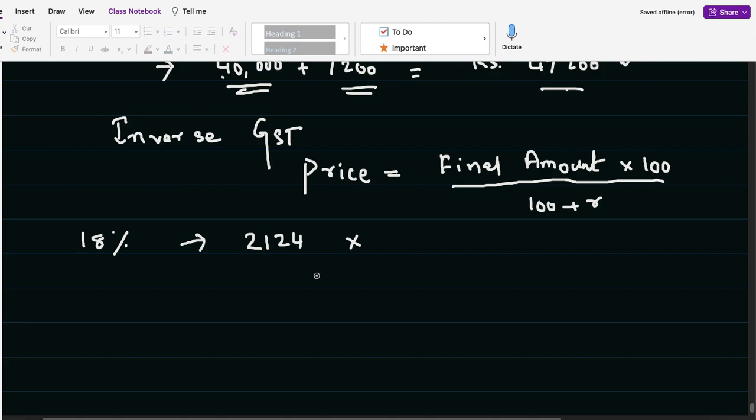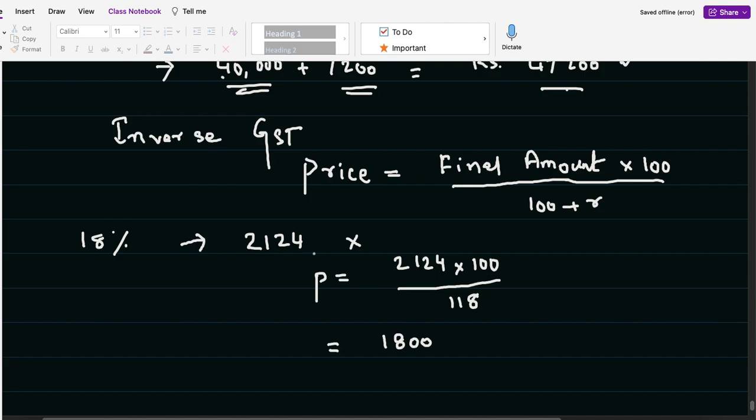What we need to do, if you want to get the price, is price equal to 2124 multiplied by 100 divided by 100 plus 18, that is 118. This will give you the price of the item, that is 1800 rupees. Understood? So 2124 is the final price, 1800 is the price of the item.